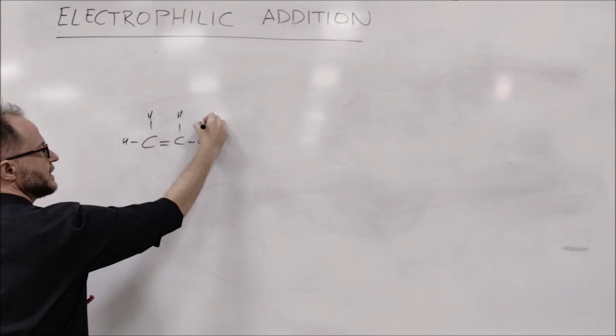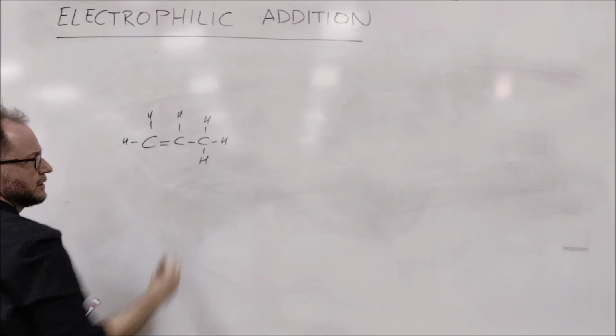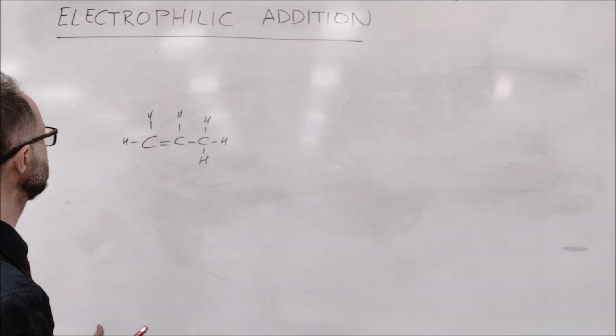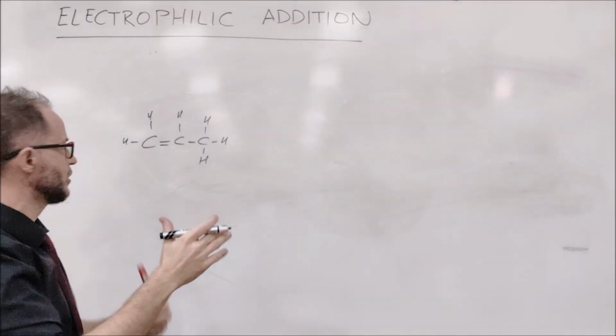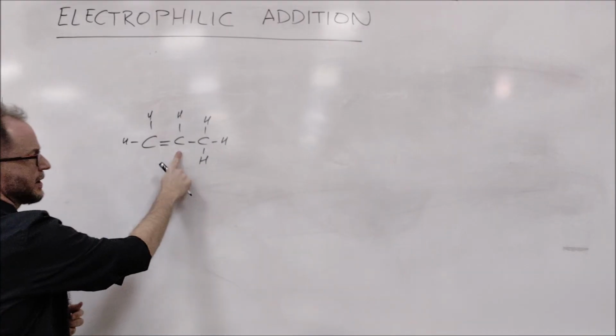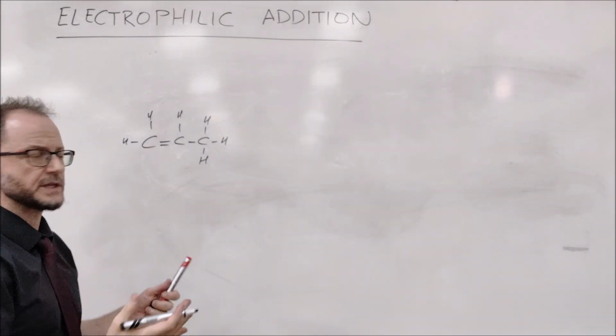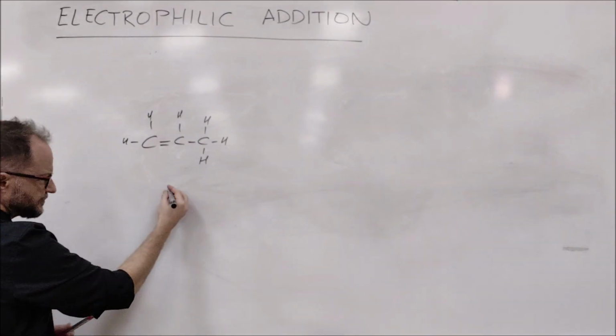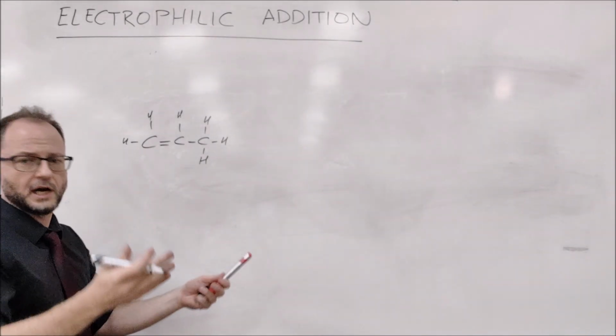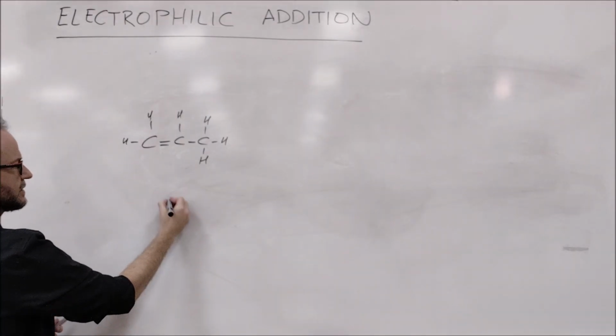Draw it displayed for now. You can draw it skeletal, unless they demand that you put it in displayed form. And if it was just bromine, there's no problem here, because bromine goes onto one, bromine goes onto the other. You're always going to end up with the same product, the 1,2-dibromopropane. However, if we had hydrogen bromide or hydrogen chloride, won't make too much of a difference.